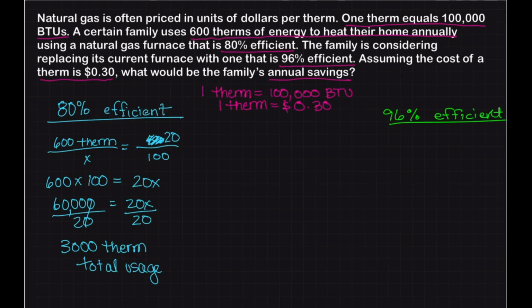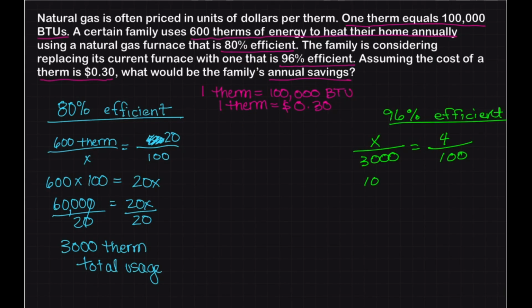Okay, so I'm going to go over here, and this one, we don't know how efficient it is. I mean, we don't know how much they would use with this, but we know that their total use was 3,000, and 100 minus 96 is 4, so I'm going to put the 4 here.